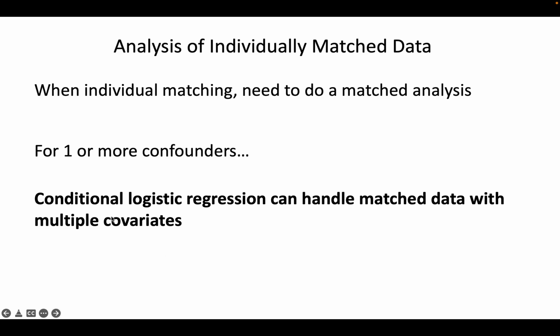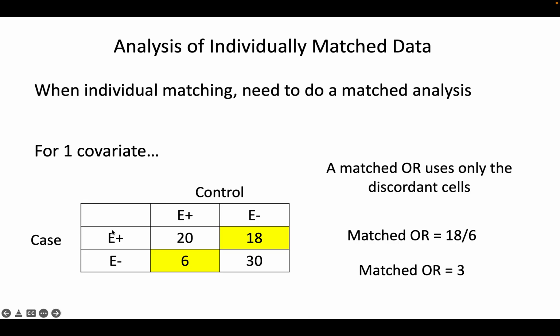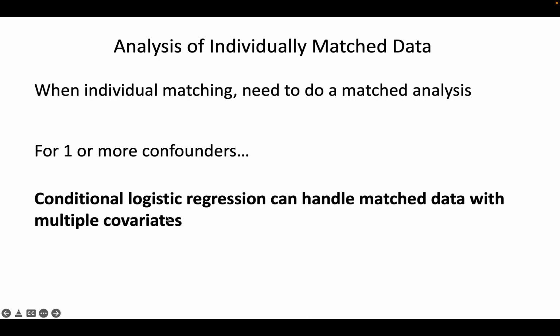If we matched on sex, you're not including sex in the model in the usual way, but if you're using SAS or something, when you set up your code for the regression, you're going to be telling SAS what you're conditioning on. You're telling SAS you're conditioning on sex, and in that way you're still controlling for sex, but not in the conventional way where you're including it in the model. So yeah, for individually matched factors, you're either doing a 2x2 like this, or you're doing conditional logistic regression.